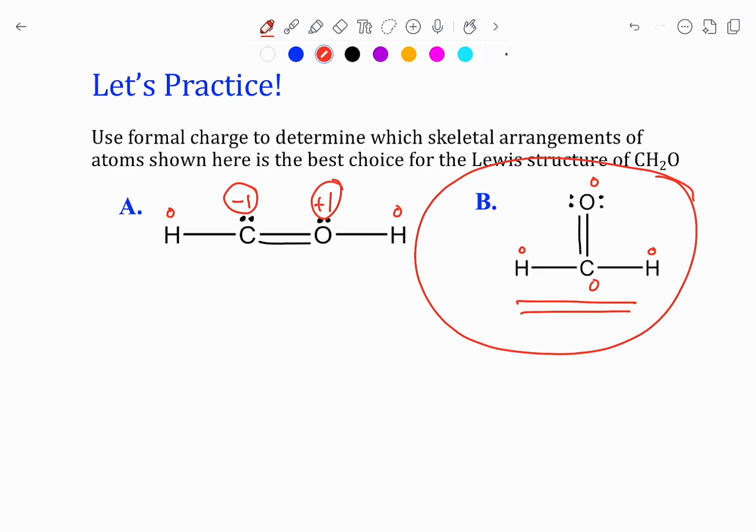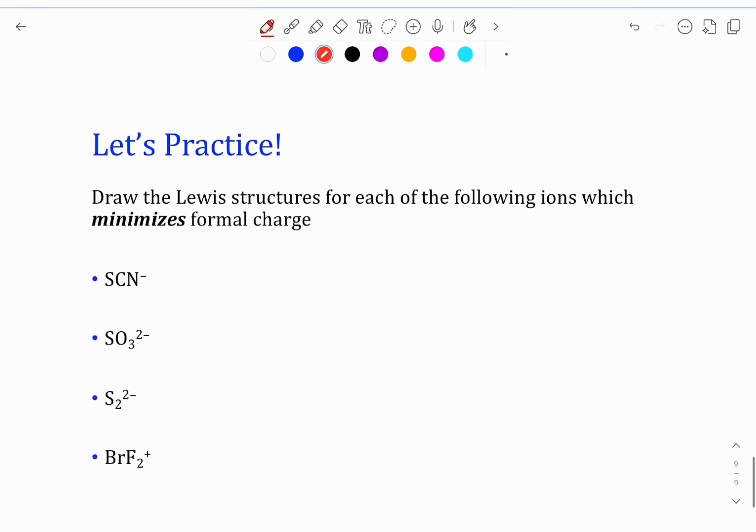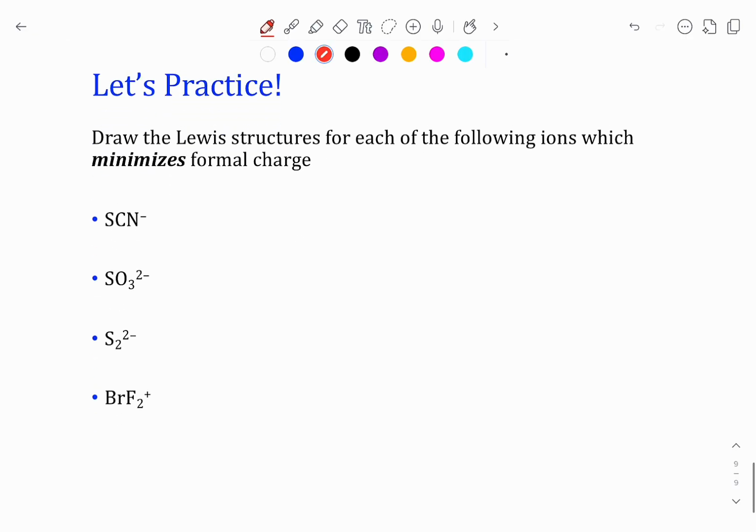Okay, so now what I want you to do is go into this last practice problem. I want you to draw the Lewis structure for each of these atoms, and I want you to find the formal charge for each of those atoms.